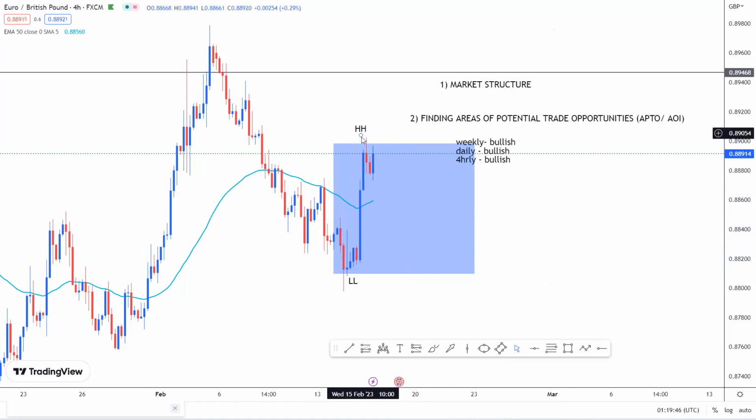Within this box right here is where we would be looking for areas of interest to get in on potential buying opportunities.